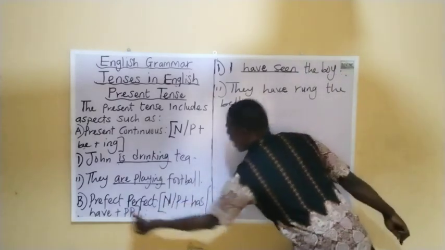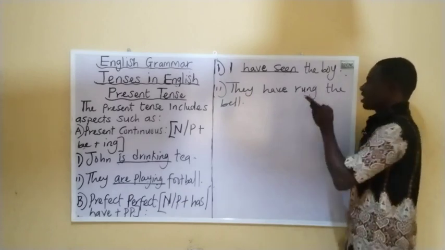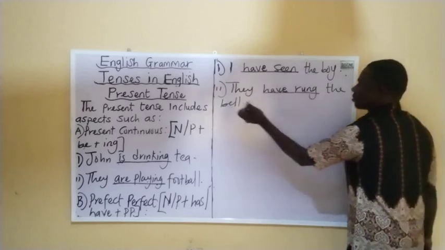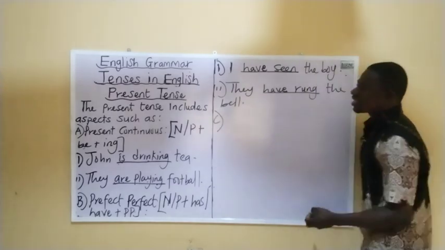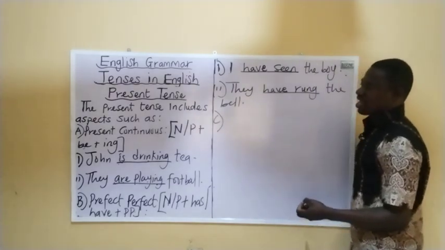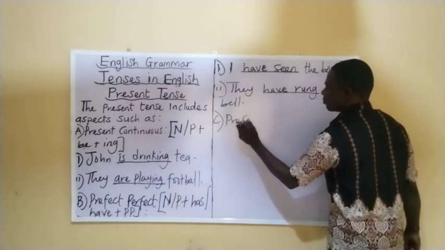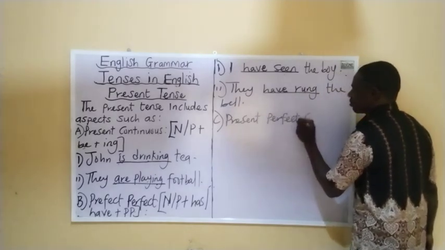Then rung is the past participle form of the verb ring. So they have rung. Okay, fine. That's for that. Then another aspect of the present tense is the present perfect continuous.